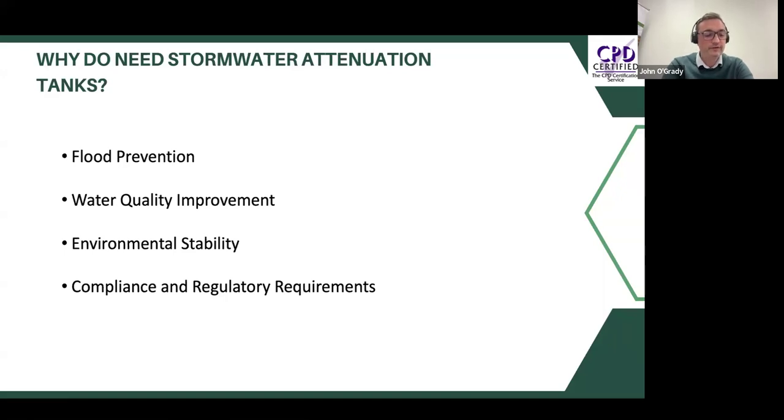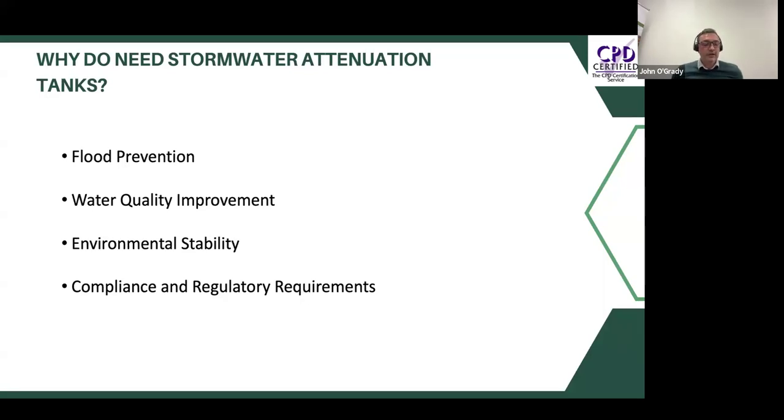So, if that's left untreated, that can get into water bodies and lead to degradation of aquatic ecosystems, and it can lead to water quality issues. So along with the tank, you're looking at things like petrol interceptors and sediment silt traps and things like that. So the quality of the water is important.